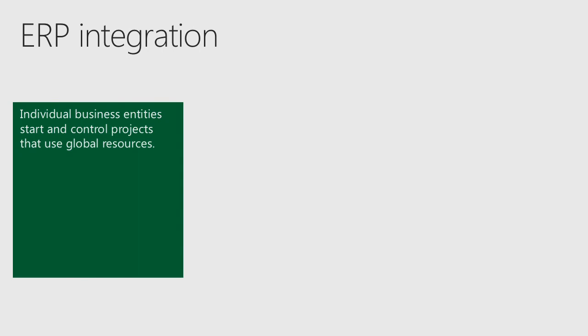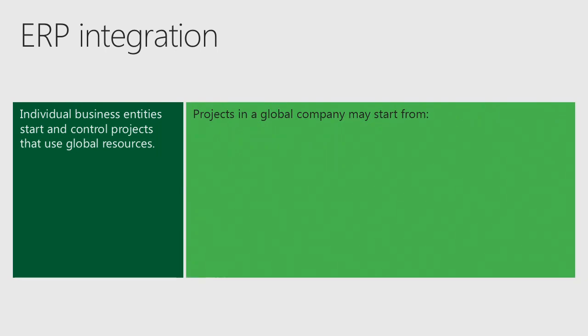ERP integration, one of the last points. If I'm global, definitely individual business entities start and control projects that use global resources. They just do it independently from each other, so they all must be able to start projects, to assign resources to it. And projects in a global company may start from many, many different points, very different business units, having different practices, having different templates, having different processes even to use Microsoft Project.